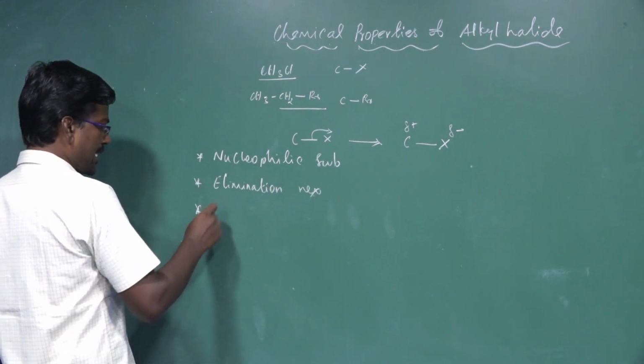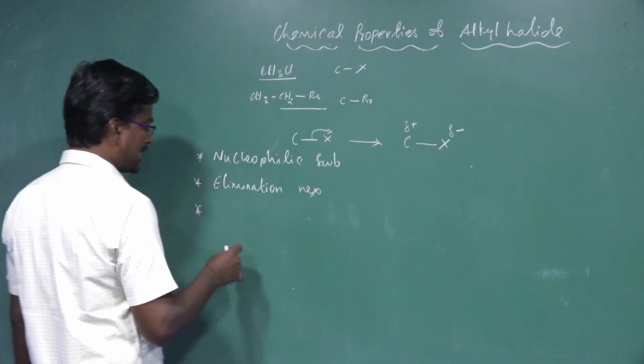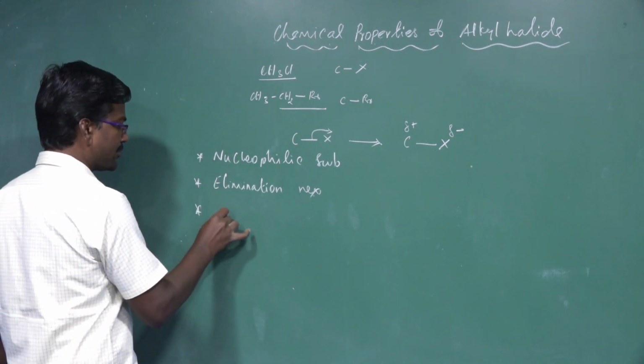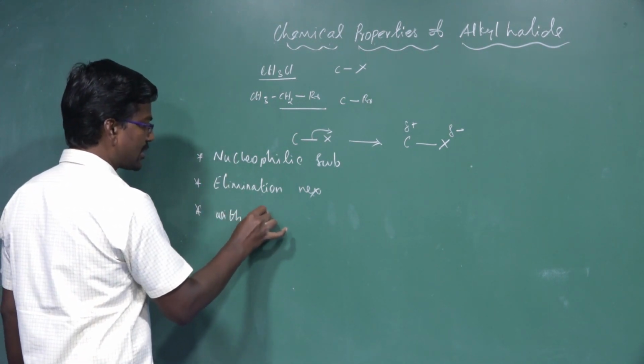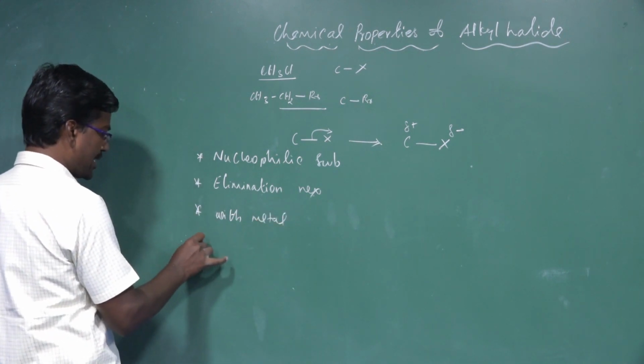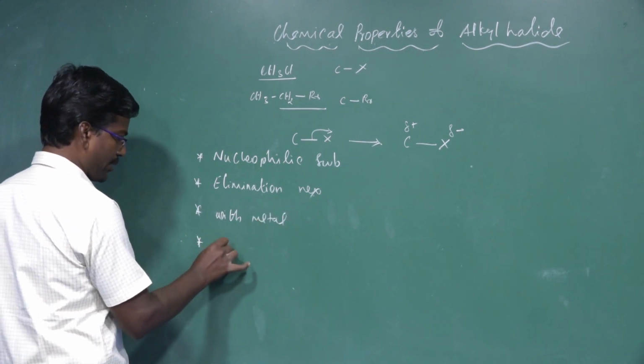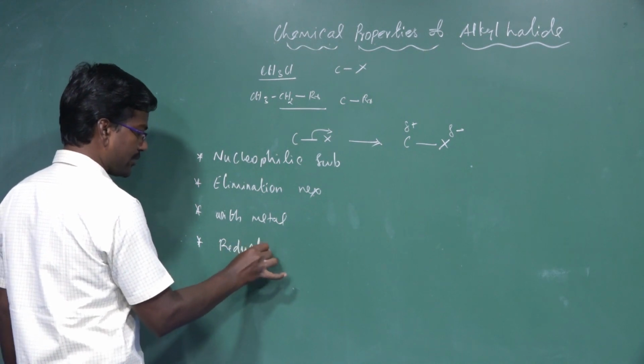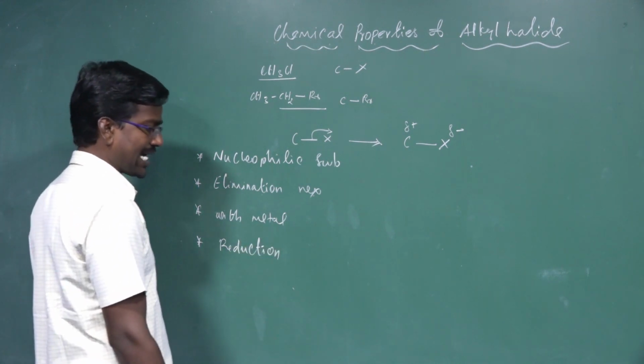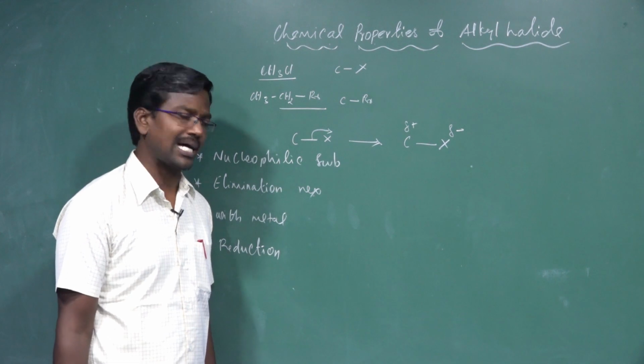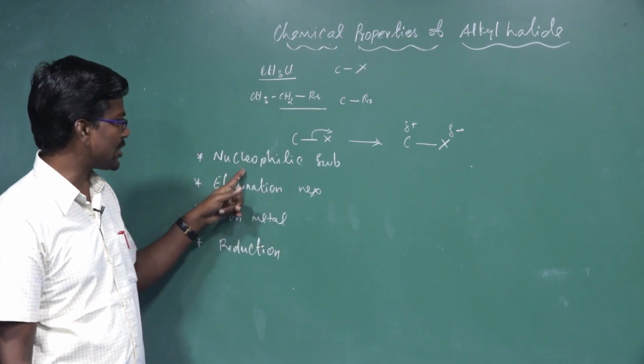Then the Grignard reagent, that means alkyl halide reacts with metal. Then the last reaction, reduction. So 4 types of reactions involve alkyl halides. First one, nucleophilic substitution reaction.